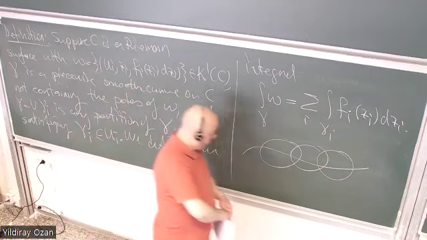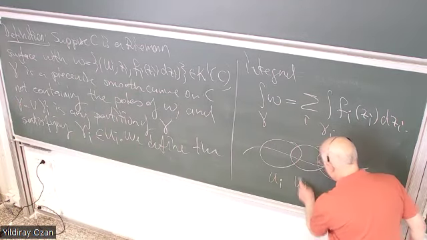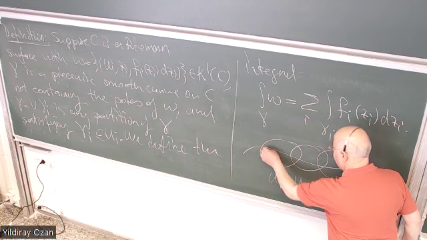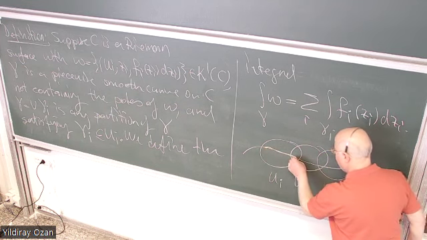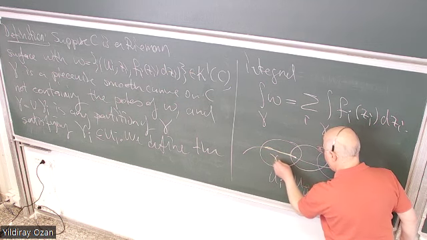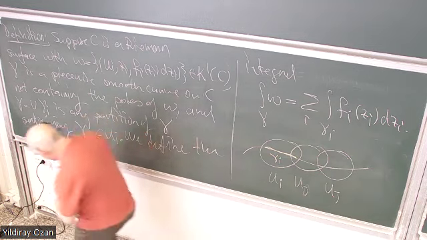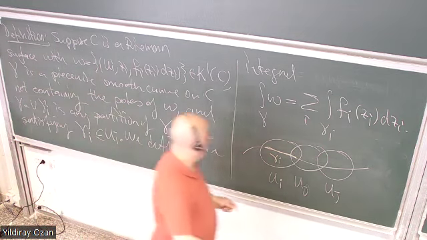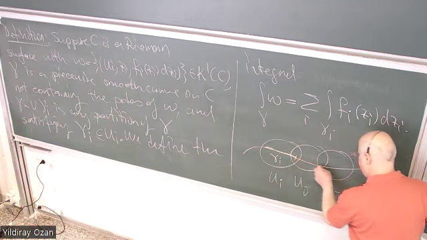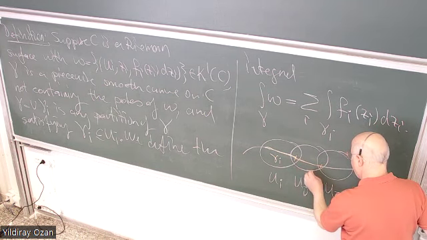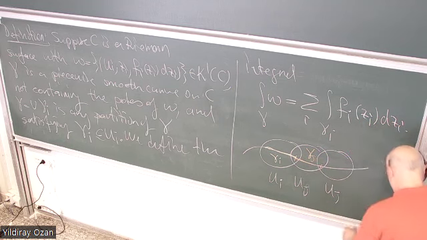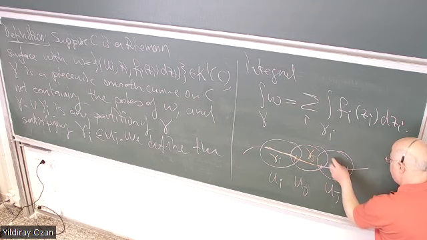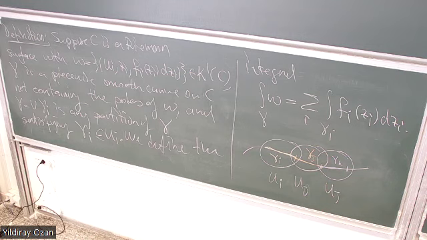Let's say these are U_i, U_j, U_k. On these pieces I take this part, so this is the gamma_i part, and then I have gamma_j and gamma_k.